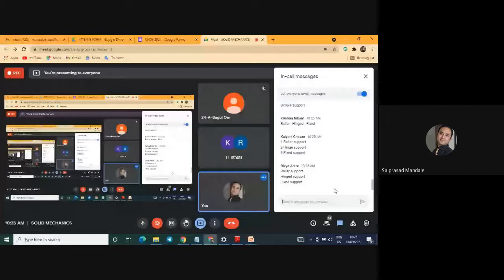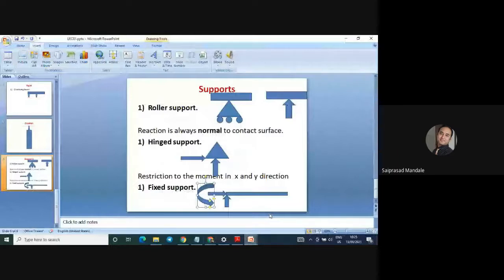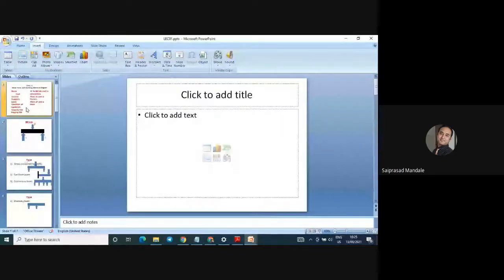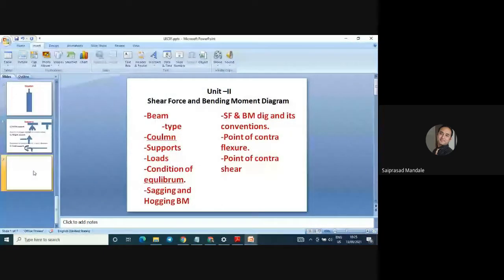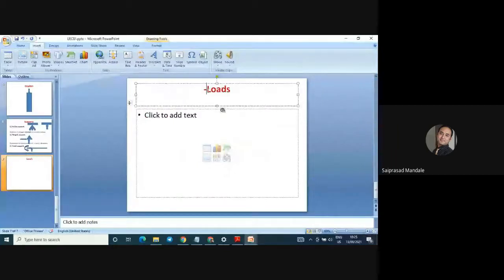Now moving onwards. Now the next point is load. The first two, three is clear. Now load. So what are the different loads that we'll be looking for?